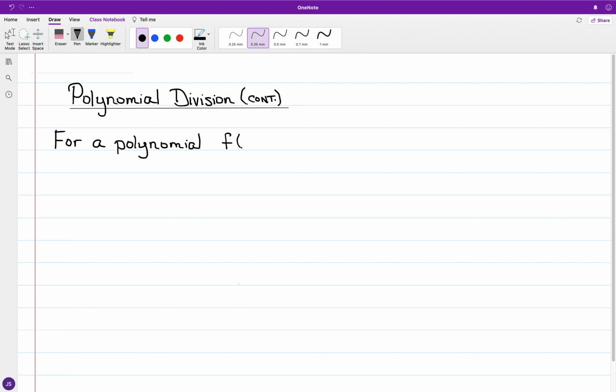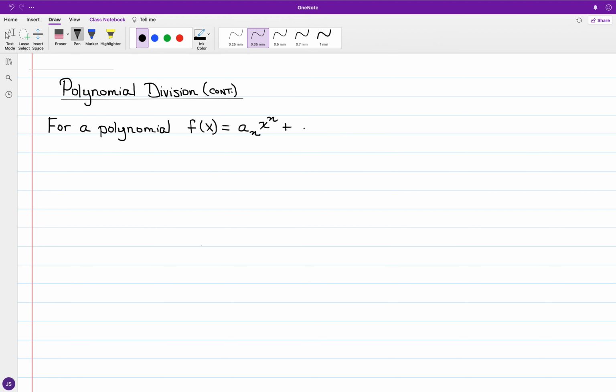So you have a polynomial f of x with the leading term, the highest order term, symbolically a of n x to the n, plus a of n minus 1 x to the n minus 1, ending with a constant.